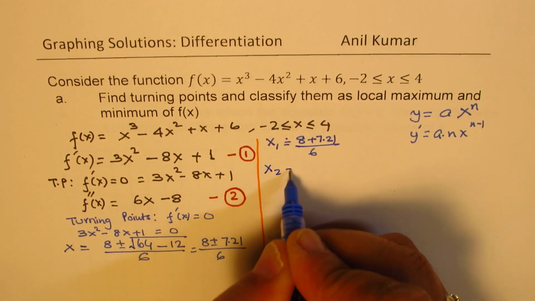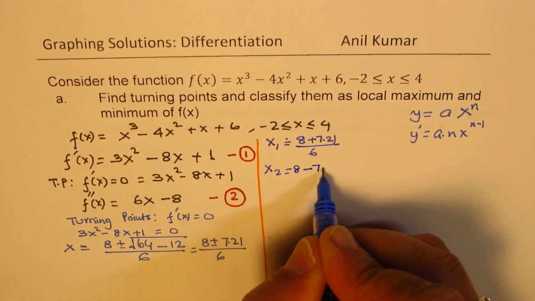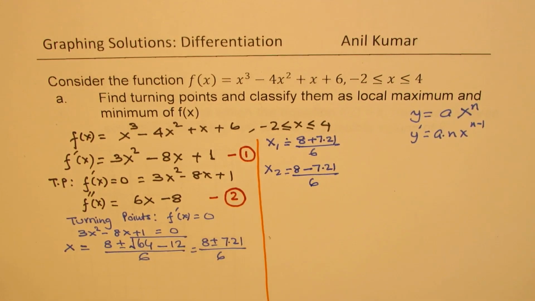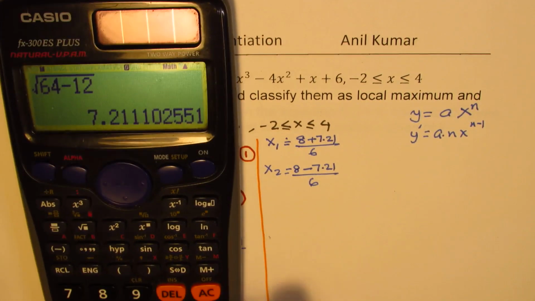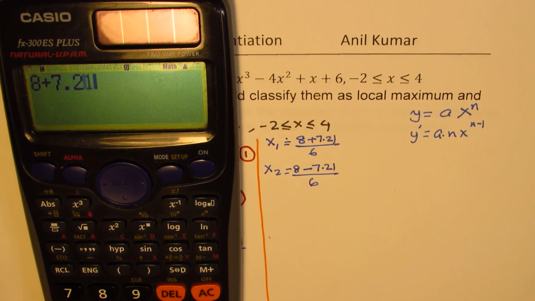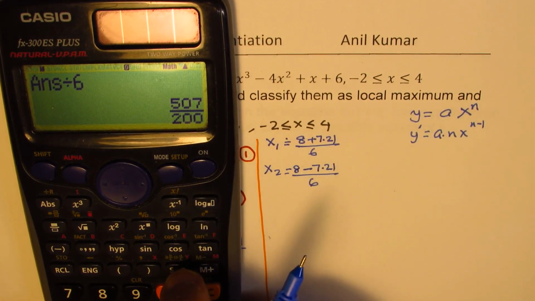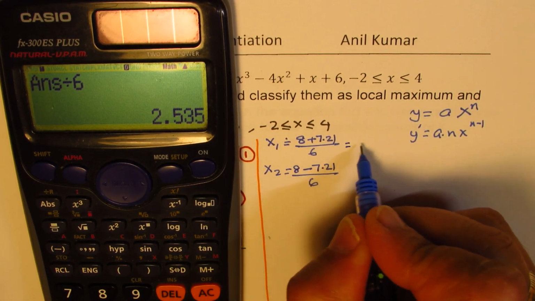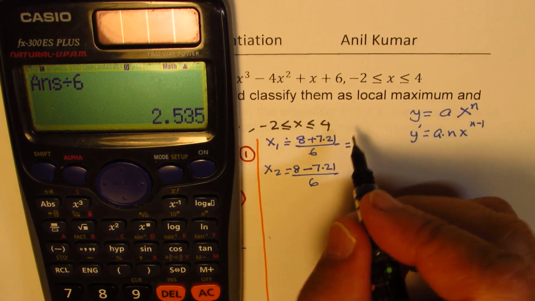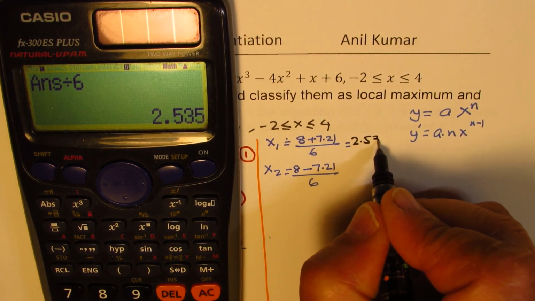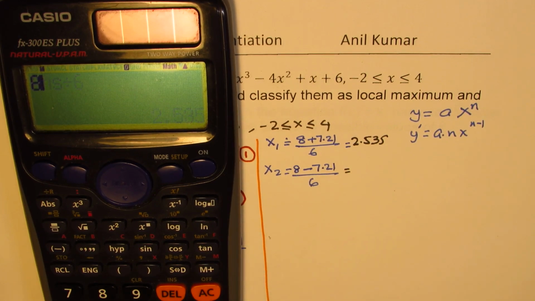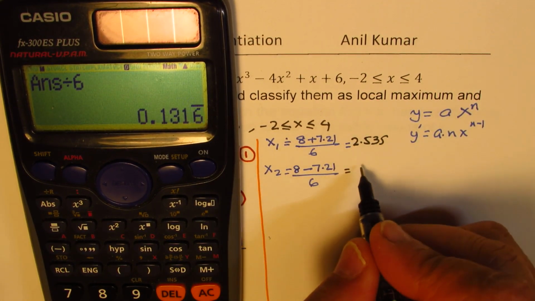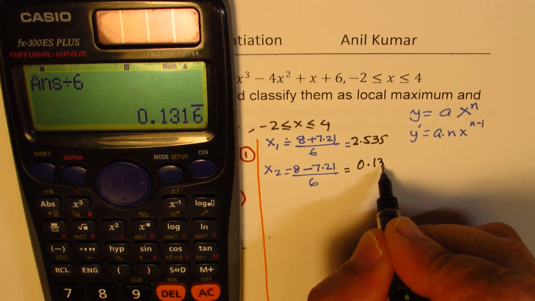The second one is 8 minus 7.21 over 6. That gives us in decimals 2.535. The other one, 8 minus 7.21 divided by 6, is equal to, in decimals, 0.13. Let me write like this.